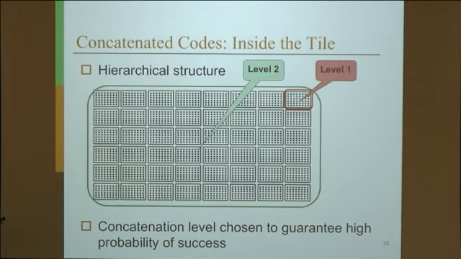At the 2nd level, we use 6 by 8 of these level 1 blocks to construct the tile. We have to choose a sufficient level of concatenation to guarantee high probability of success of the calculation. I chose a cutoff of 50% success probability for the calculation, and I used the equation, I believe originally shown by Gottesman in a paper, that shows how many concatenation levels we need. From there, we can calculate the number of physical qubits.